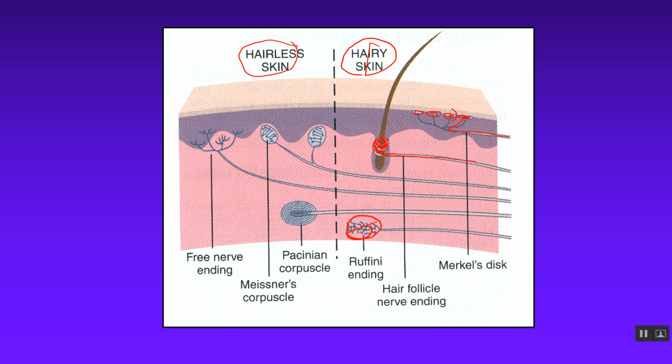And then in hairless skin, you tend to have more Meissner corpuscles, and more free nerve endings. However, you still have free nerve endings in hairy skin. You still have some Meissner corpuscles in hairy skin. It's just showing you there's a little bit greater concentration of slightly different types of mechanoreceptors and free nerve endings in hairy versus non-hairy skin.